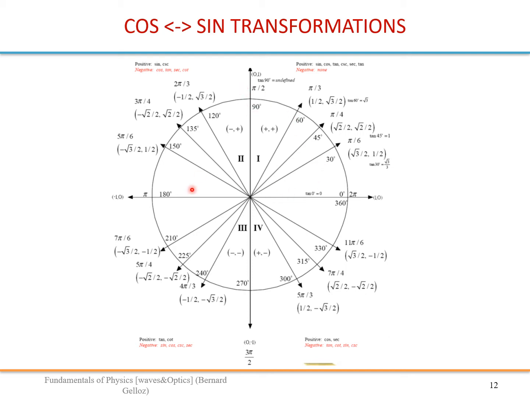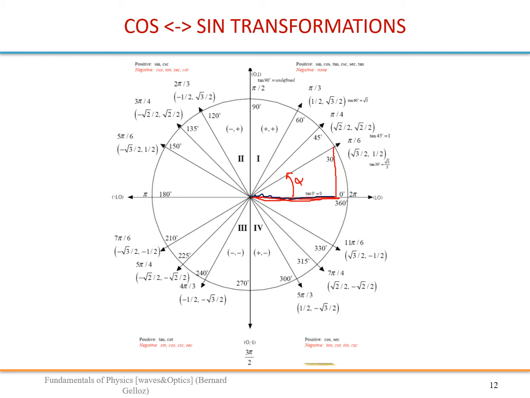So for example, let's take this angle. Let's call it alpha. Okay, alpha. So you see, cosine alpha is the projection on this axis. So cosine alpha is this. Maybe I can choose another color.